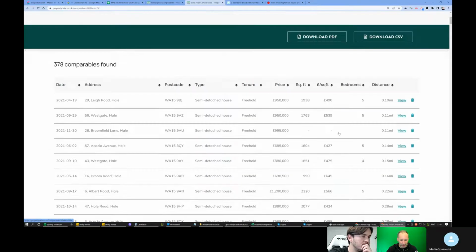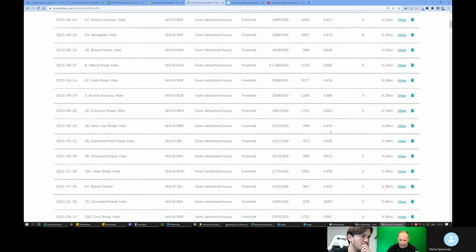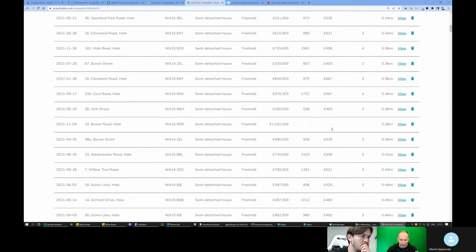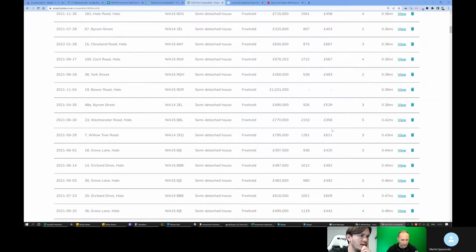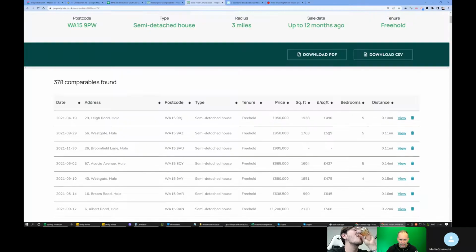All right, so what I'm looking at is really the cost per square foot and just some general idea of that. So we're talking average for £400, 450, I would say, 500 generally speaking. So I'll just pick out properties more recently sold because I think that's more helpful.